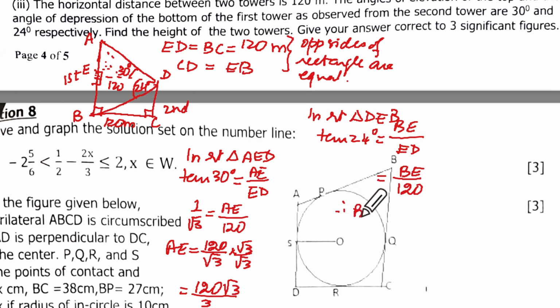Therefore BE will be equal to 120 multiplied by tan of 24 degrees. Make sure that you write your degrees properly. Now how much is tan of 24? It is 0.44522.